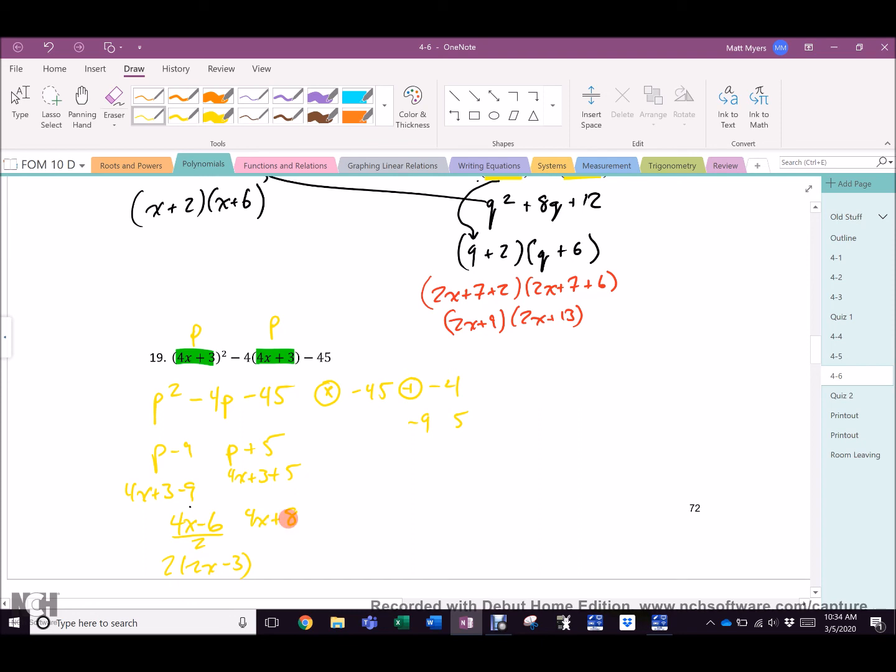What's the GCF here? 4. What's coming to the front? 4x plus 2, right? What do I do with 2 and 4? 8, 2x minus 3, x plus 2. And then you're done only using that thing that you can do easily in your head almost. Or you're doing a giant ugly trinomial. You decide. I don't care.